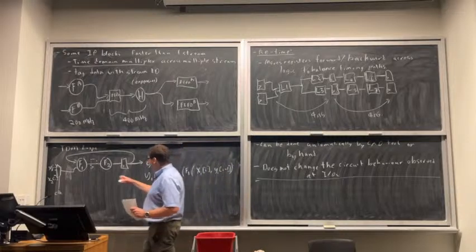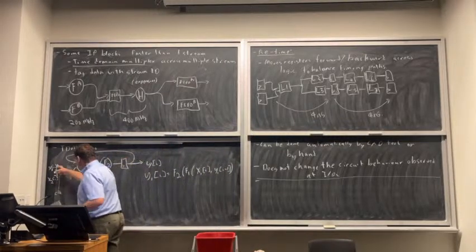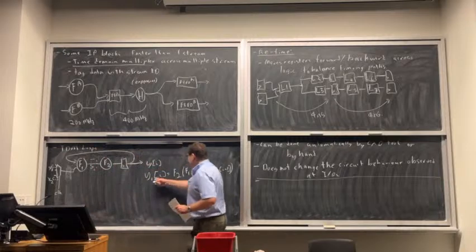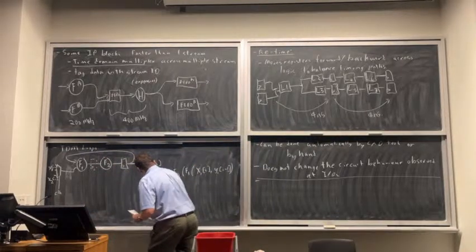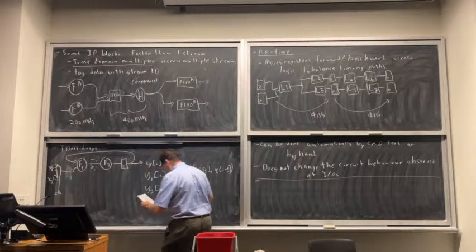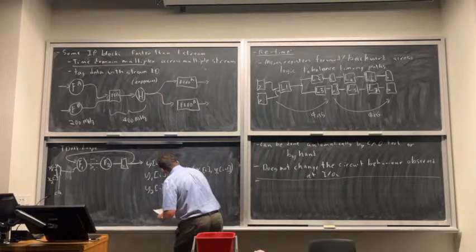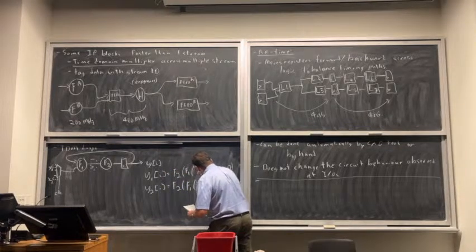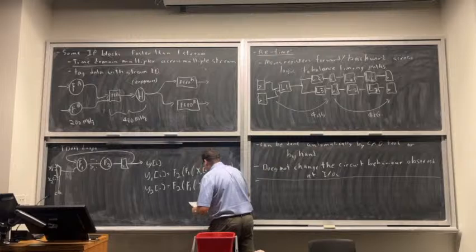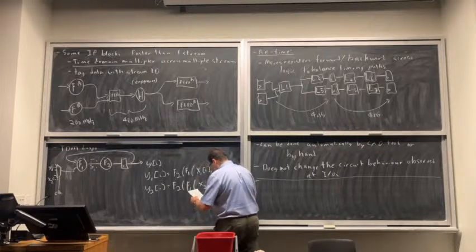And when I put both the register in and this multiplexer in, that's what I get for stream 1. And it's also what I get for stream 2. So y2 of i, second stream, is equal to f2 of f1 of x2 of i, and y2 of i minus 1. Whoops, forgot the y.